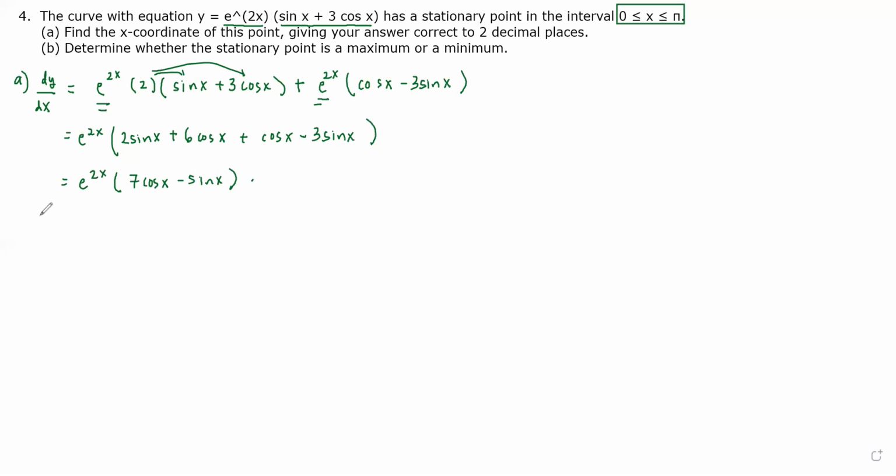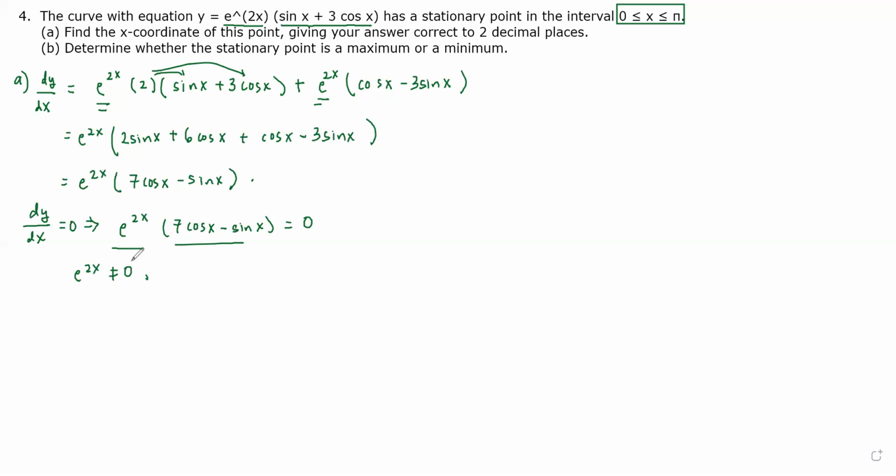Stationary points occur when dy/dx is 0. Setting dy/dx to 0, we have e to the 2x, 7 cos x minus sine x equals 0. Now the product of these two terms is 0, so each of them could be set to 0. But e to the 2x can never be 0.